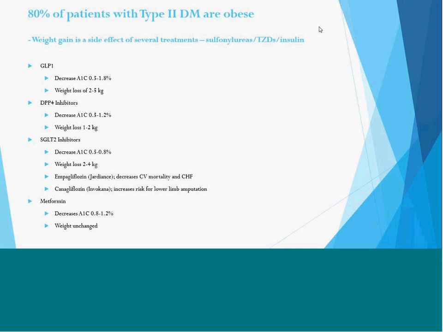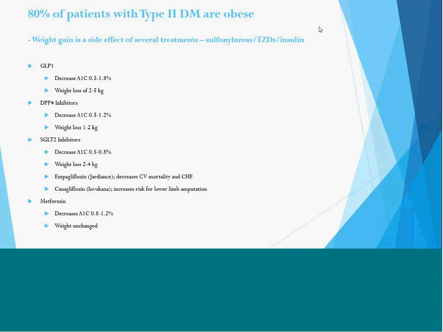It decreases your amount of glucagon, which further decreases blood sugar. It tells the stomach that it feels full, so there's this feeling of satiety, and it's this effect too that says you shouldn't eat anymore. So the bottom line, people don't want to eat quite so much, so that you have a decrease of A1C between 0.5 and 1.8, a weight loss on the average of 2 to 5 kilograms.